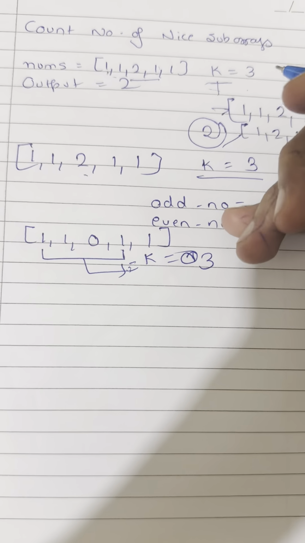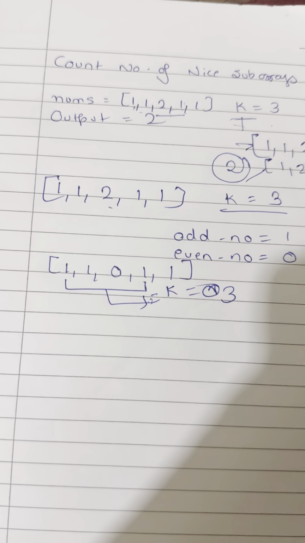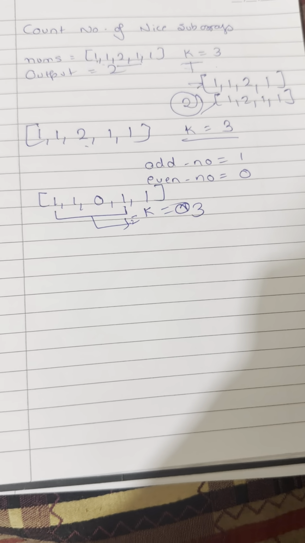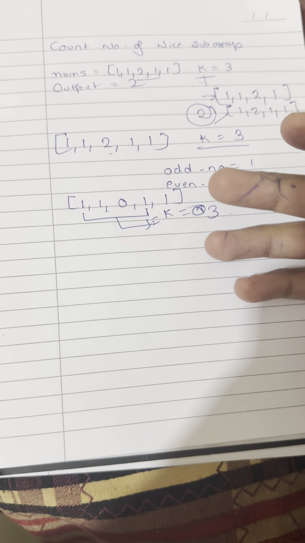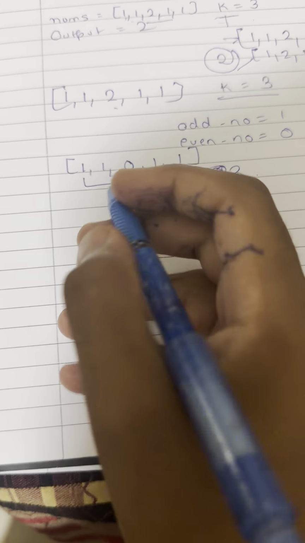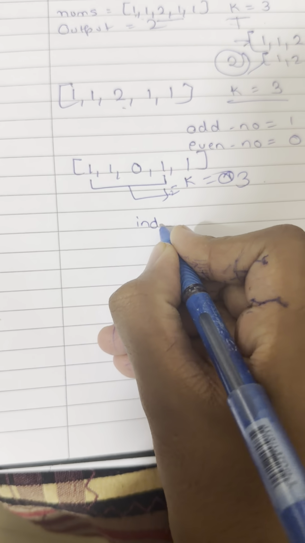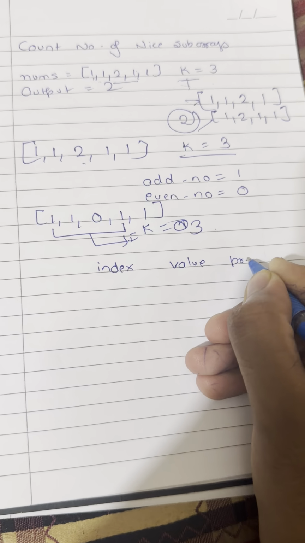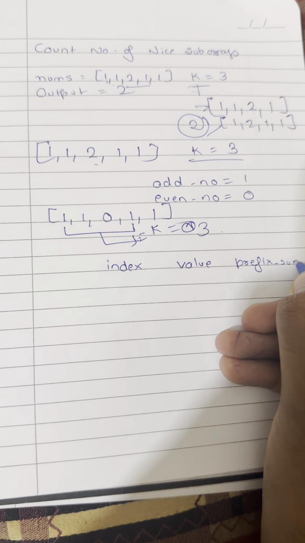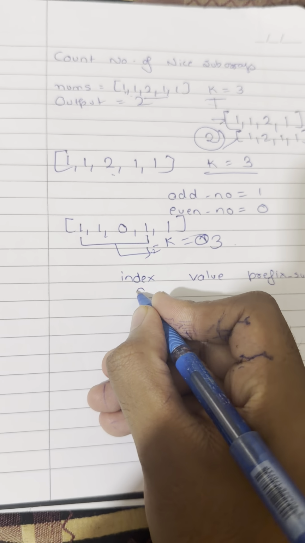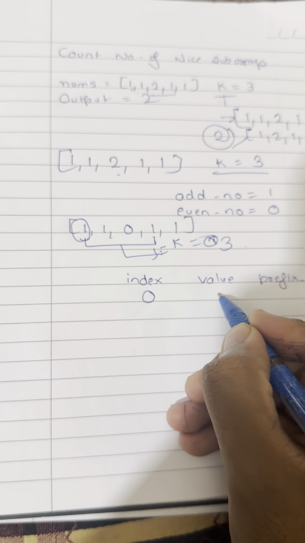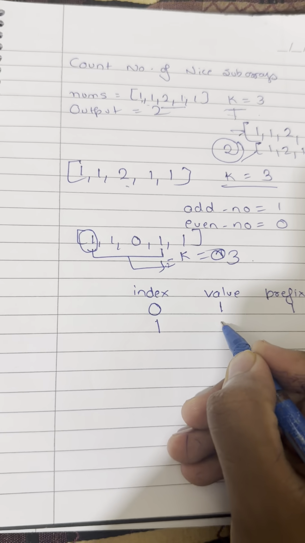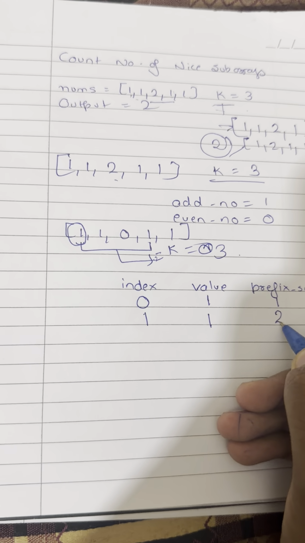By seeing this approach, we are trying to solve this problem. First of all, we will create its prefix sum. How to calculate the prefix sum? We have an index, a value, and a prefix sum. At index 0, the value is 1 and the prefix sum is 1. At index 1, the value is 1 and the prefix sum is 2.